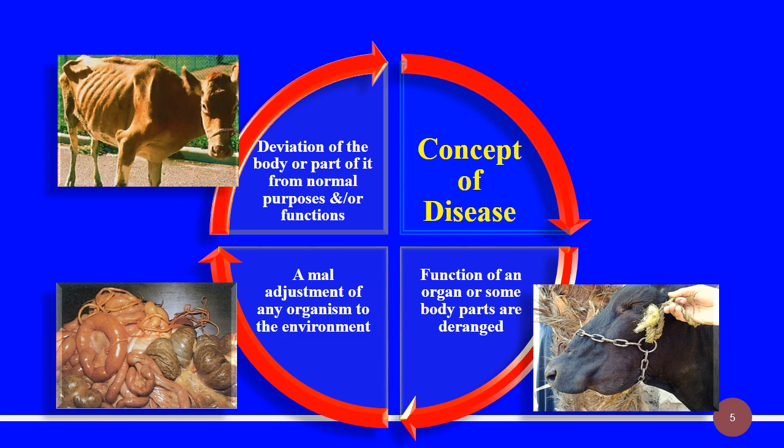The presence of ascariasis here in this intestine is a maladjustment, the presence of such a parasite in such an organ, or deterioration of the body or part of it from normal purposes and function, such as this woody cow that will not produce either meat or milk.